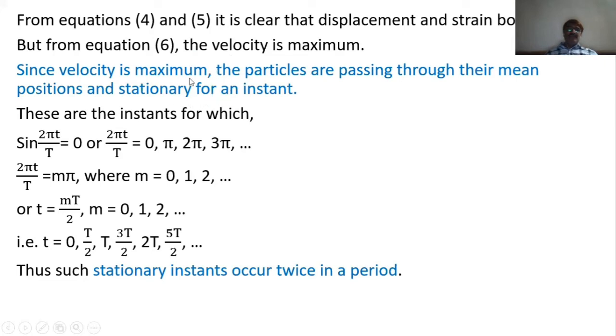So this is a stationary instant, and it can be found if we equate sin(2πt/T) equal to 0. The sine function is 0 when the angle is 0, π or 2π, that means an integral multiple of π. If we solve this, it will be simply mπ.